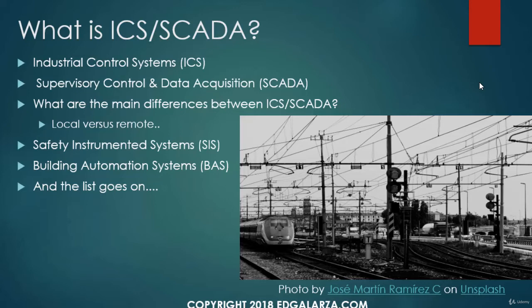You can use it to monitor the power quality for that building, the power metering for billing purposes of the building. So pretty much any type of automation system for a building is what a BAS is. And the list goes on.